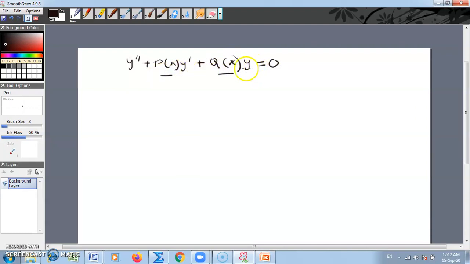They may be the same one also. But we call p(x) the function with which y dash has been multiplied, the coefficient of y single dash, and q(x) the coefficient of y. So in this case, first what we do, we look at p(x).